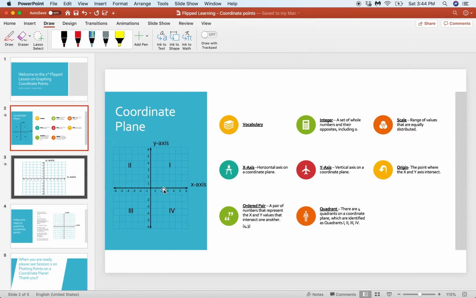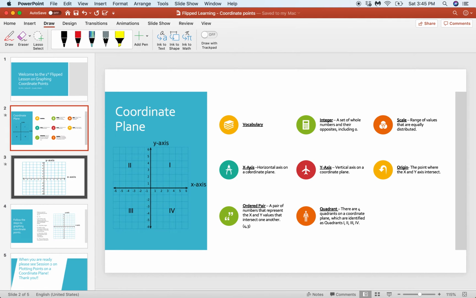For example, the values on our coordinate plane are scaled by units of 1. Sometimes they're units of 10 or 20, or even units of 100. We'll look at another coordinate plane at another time that has a scale of higher values than we have here.